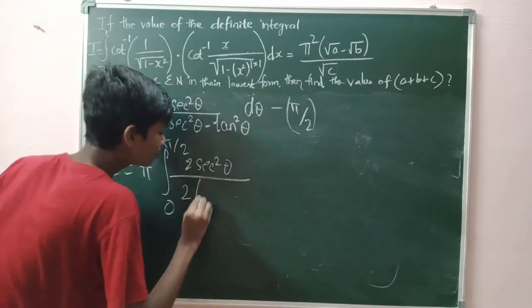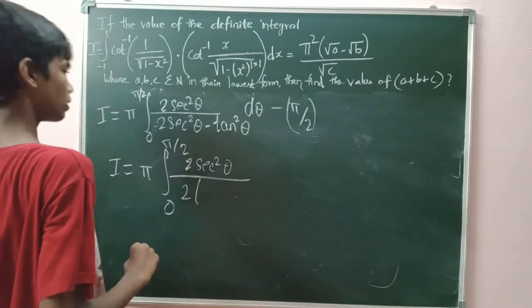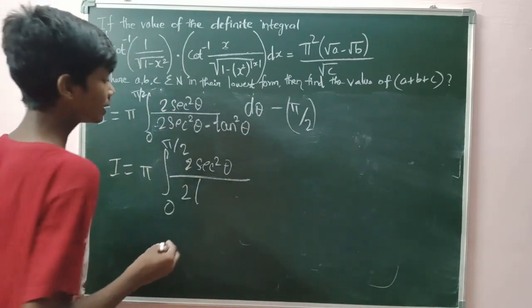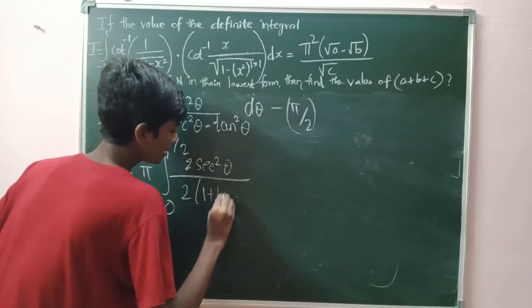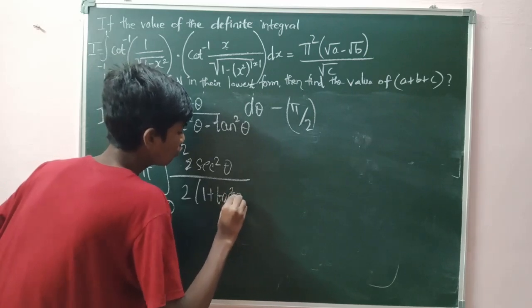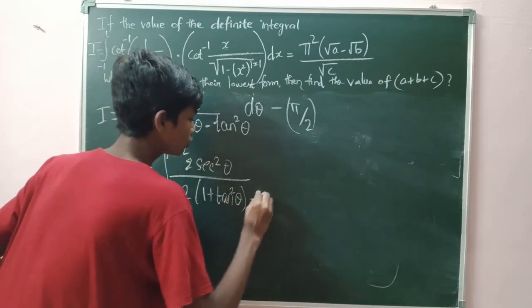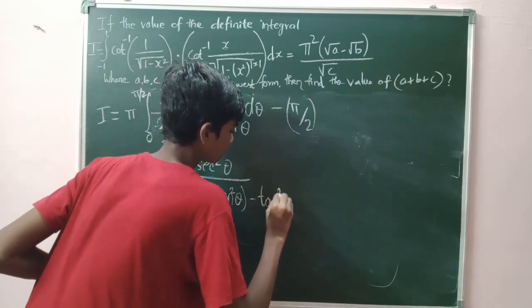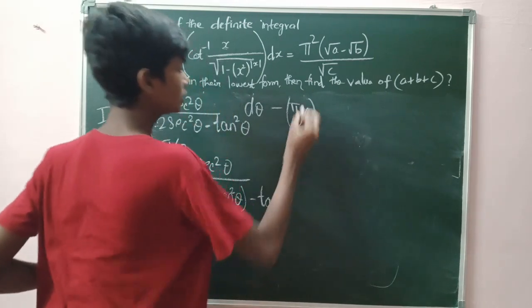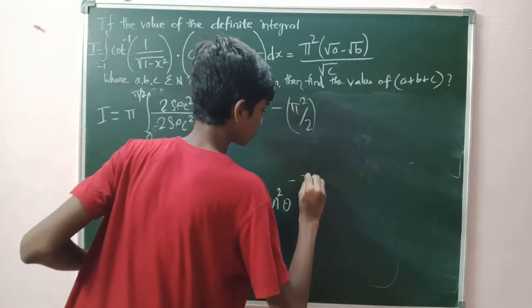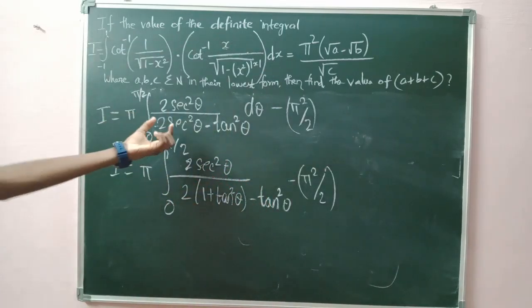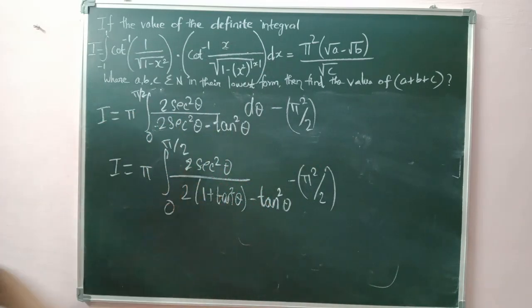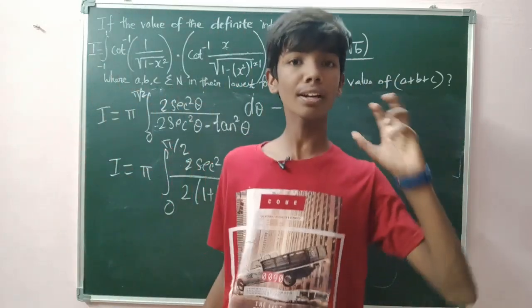So 2 secant square theta minus tan square theta, I can write the secant square theta as 1 plus tan square theta, basic Pythagorean identity of your trigonometry, then minus of tan square theta, then minus pi square by 2. Okay. So this all will be left out.